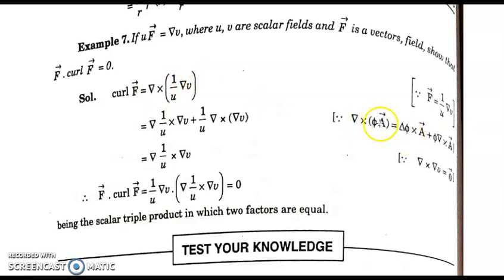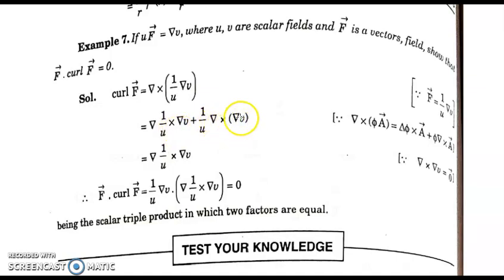So del cross phi a is del phi cross a plus phi into del cross a. On applying this you will get del 1 by u cross del v plus 1 by u del cross del v.